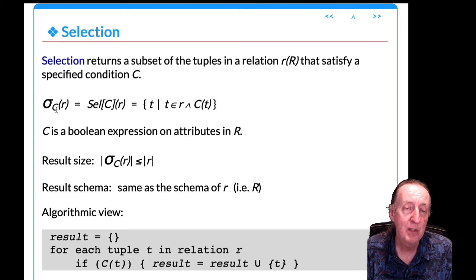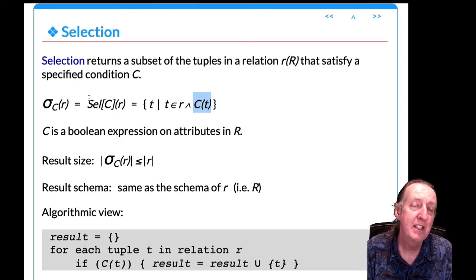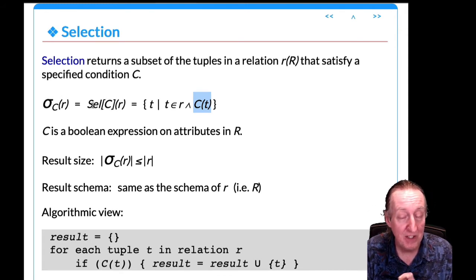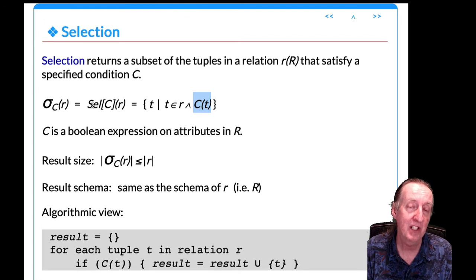Right, selection is more interesting. It allows us to choose a subset of the tuples from a table where those tuples satisfy a given condition. Now in terms of SQL, the notation SQL used is slightly annoying, but selection corresponds to the WHERE clause, and the SELECT clause is actually projection in SQL.